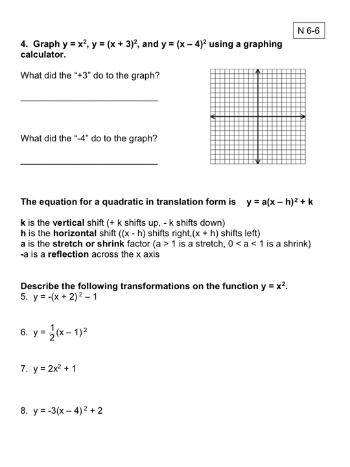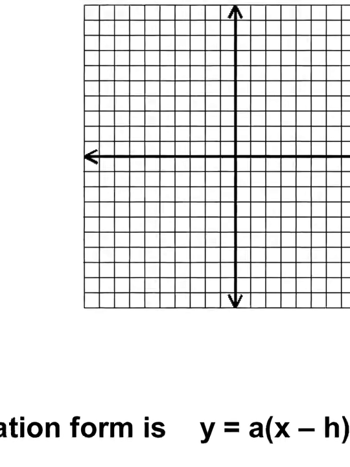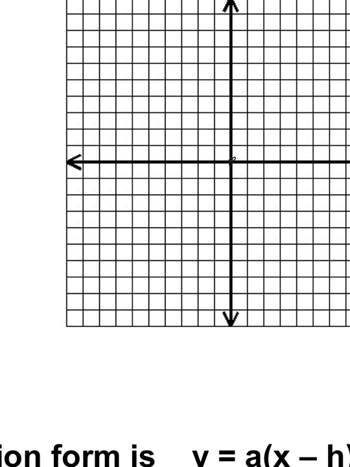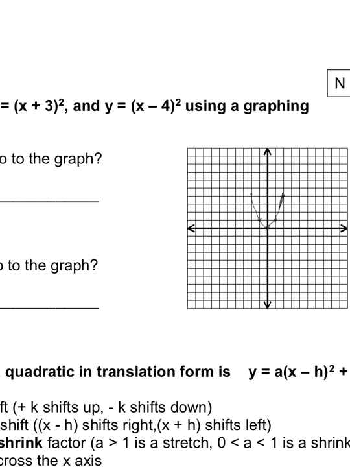Now the next page here, we see the parent again: over 2, up 4. On this one, I see parentheses.